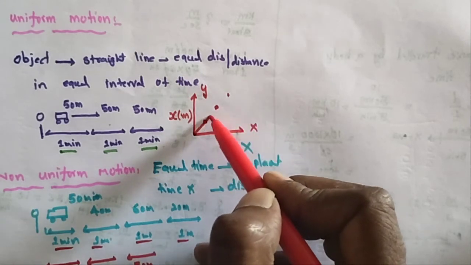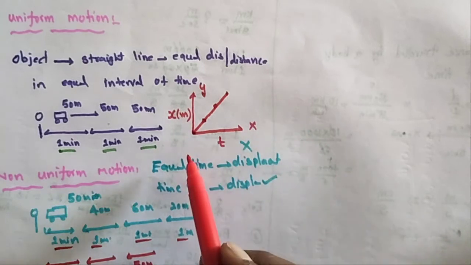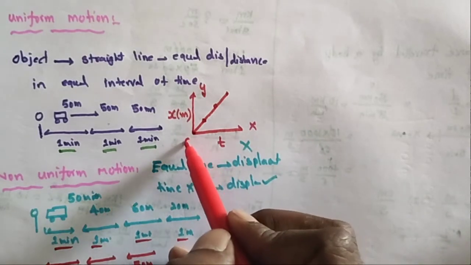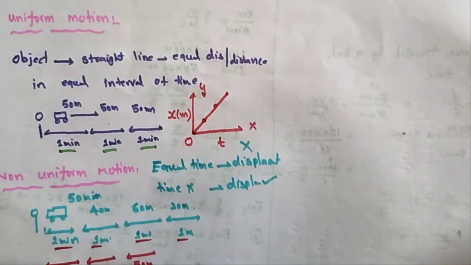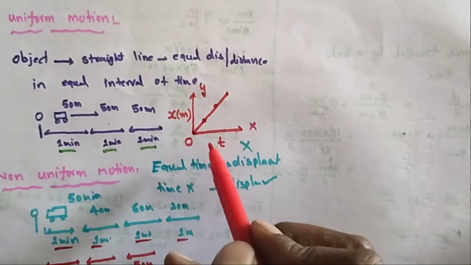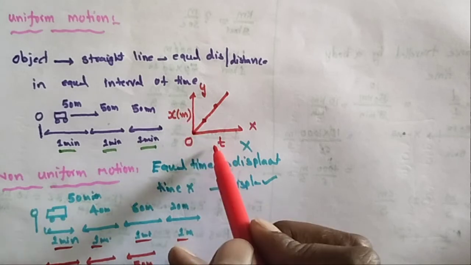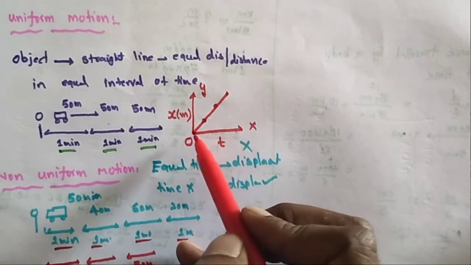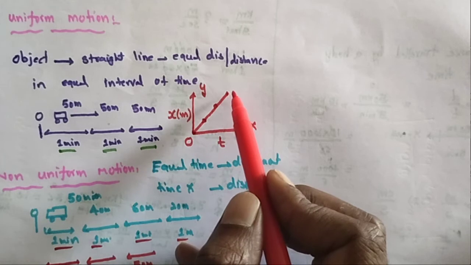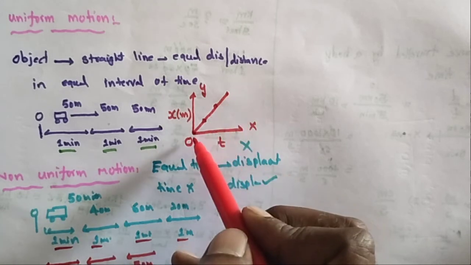So this is the graph, and it passes through the origin. I am taking the distance and time graph, so uniform motion is a straight line passing through the origin.